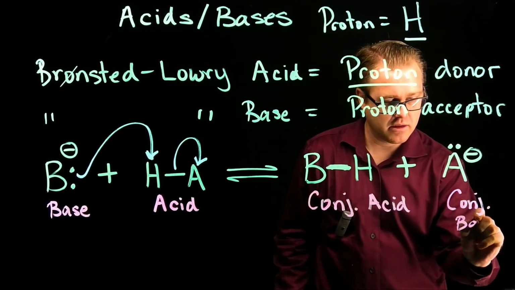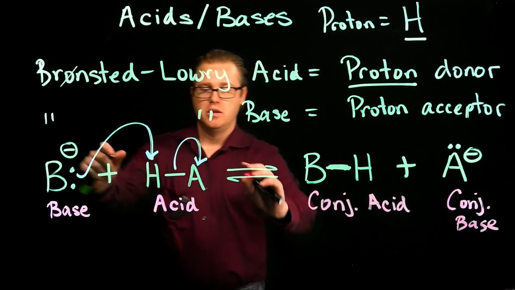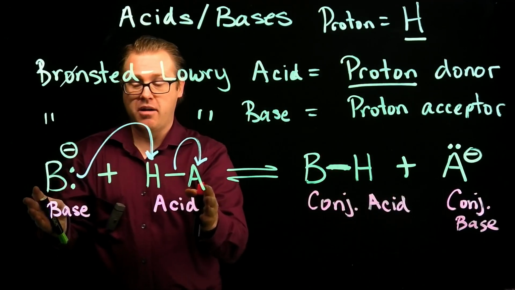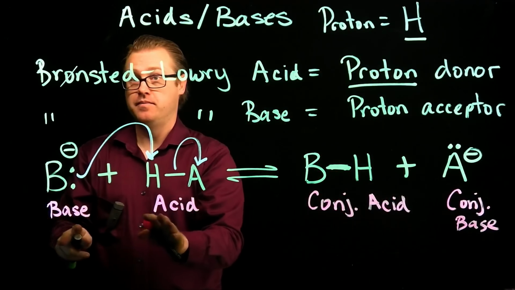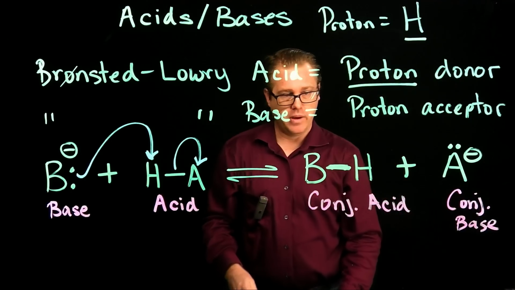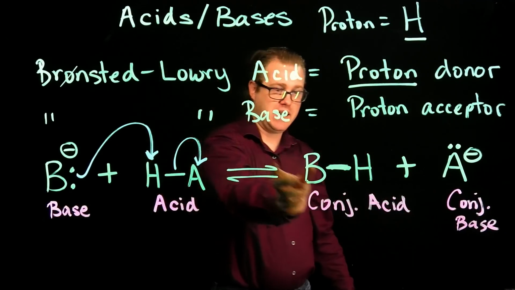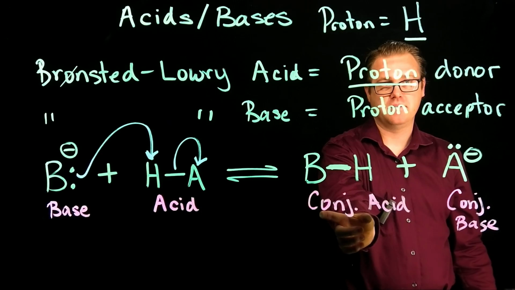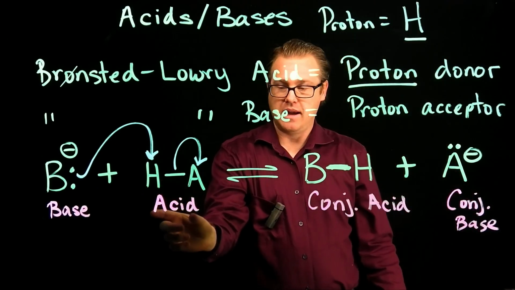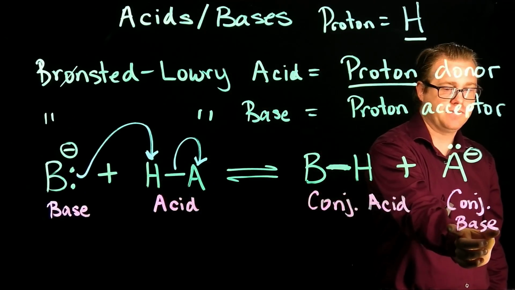So on the left side of the equilibrium arrows, it's just acids or bases, and on the right side, it's conjugate acids or bases. We can see that the base on the left side turns into the conjugate acid, and the acid on the left side turns into the conjugate base.